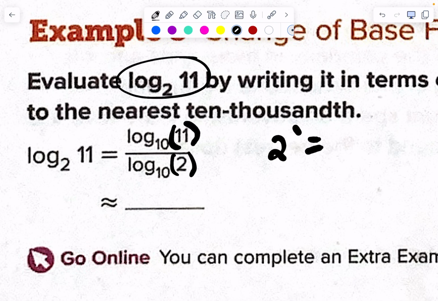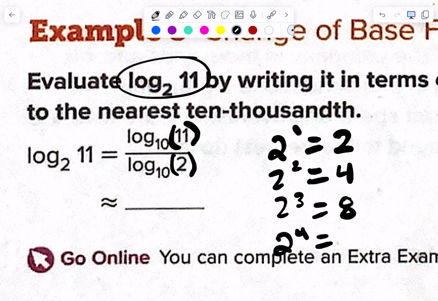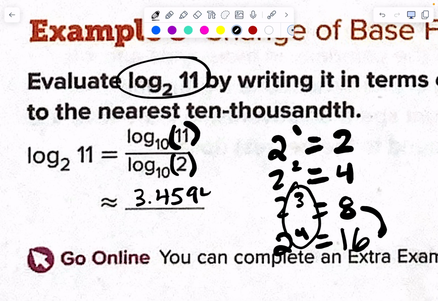2 to the first power is 2. 2 to the second power is 4. 2 to the third power is 8. 2 to the fourth power is 16. Okay, I'm guesstimating. 2 to the what power gives me 11? It's got to be some number in between 3 and 4. You see that? Because 11 is going to be a number between 8 and 16. 3.4594316169.